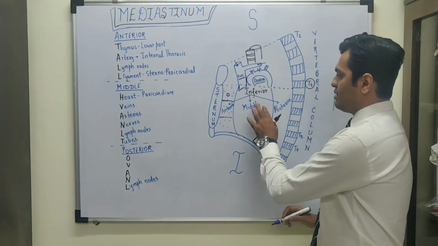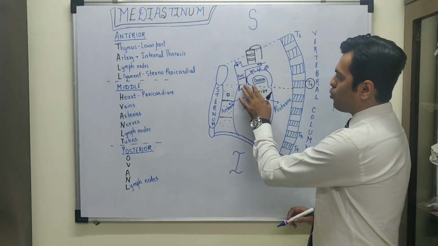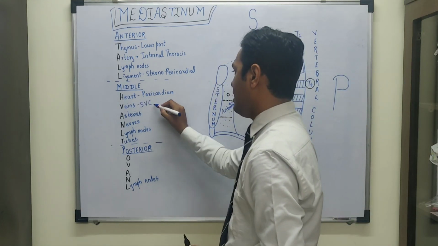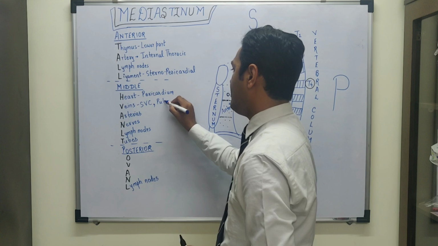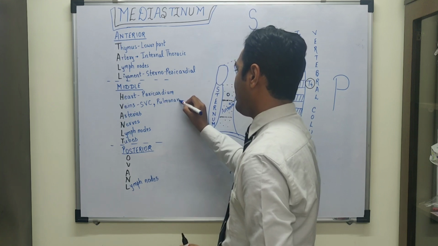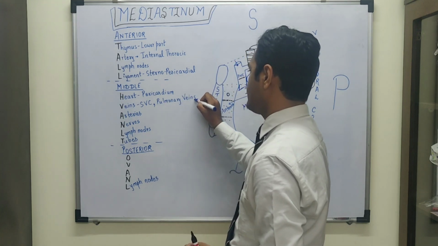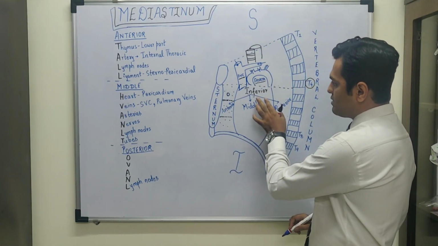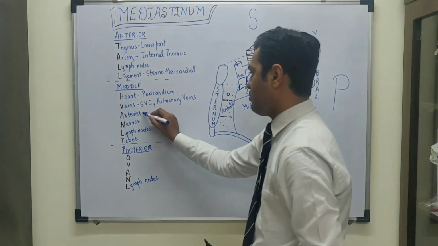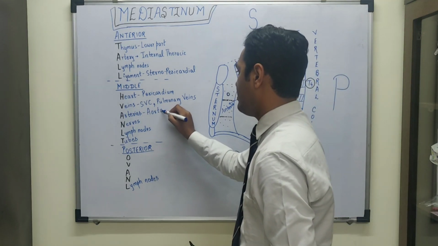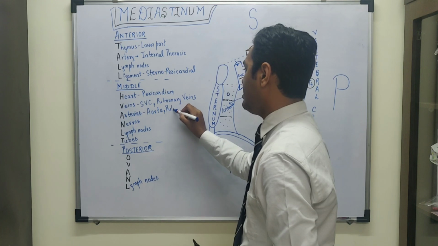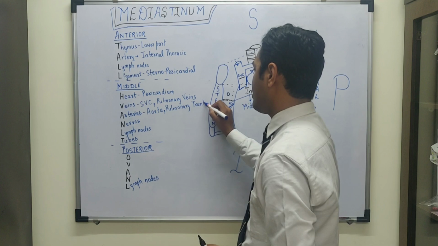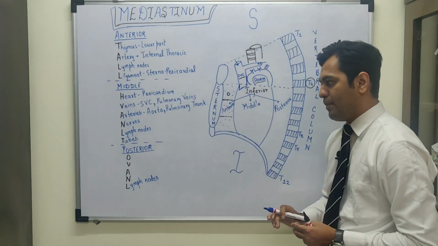Among the veins are the superior vena cava, so SVC, in the middle mediastinum. Apart from that, there are the pulmonary veins which are going to enter. Among the arteries is the ascending aorta. Apart from this, there is also the pulmonary trunk and the two pulmonary arteries, which are major contents of the middle mediastinum.